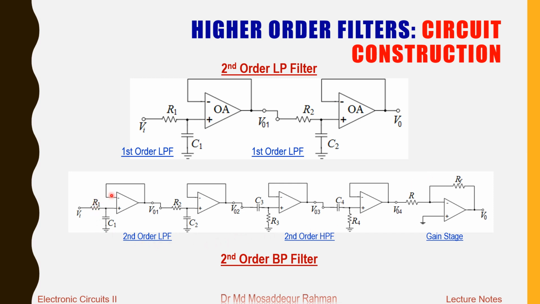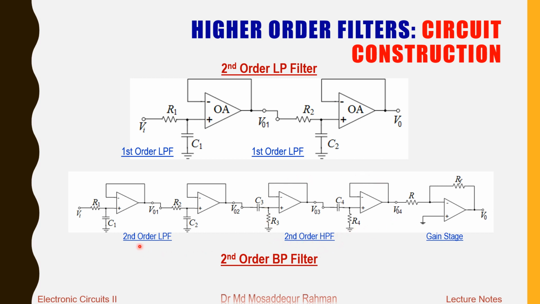So we have here basically a second order band pass filter. Why is it second order? Well, the second order low pass filter gives us a fall of gain of 40 decibel per decade at the high frequency end, and the second order high pass filter also gives us 40 decibel per decade, a fall of gain of 40 decibel per decade at the low frequency end.